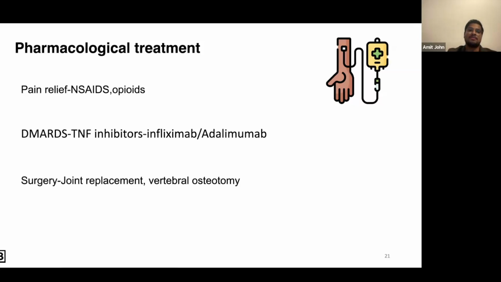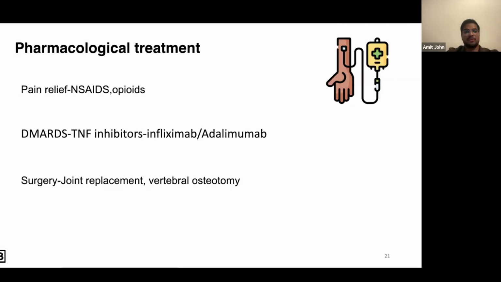The DMARDs that we use are mainly infliximab and adalimumab, for tumor necrosis factor inhibition. Like I discussed in the pathogenesis, tumor necrosis factor plays a big role in the inflammation and the sequence of events.